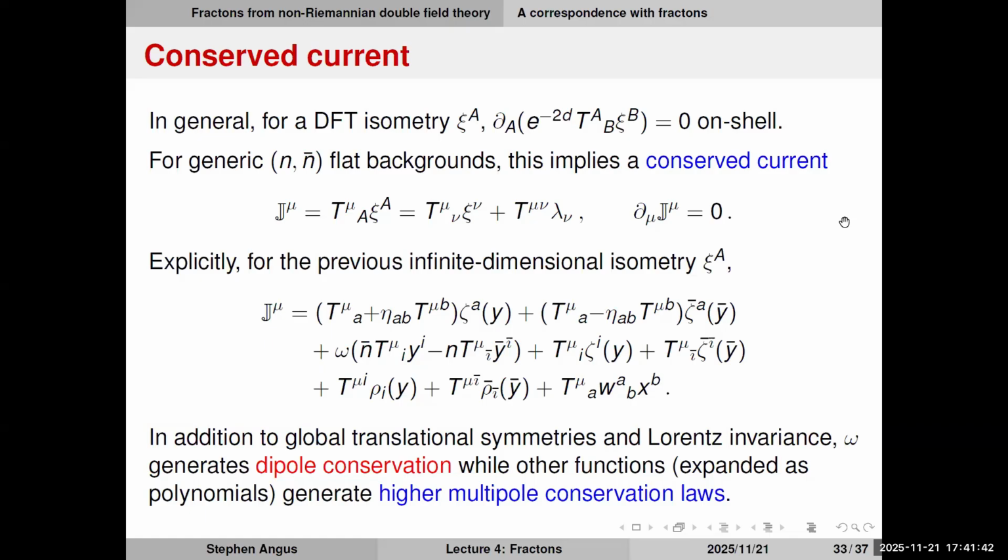So this is basically just this. And then explicitly in this non-Riemannian case, for this previous infinite dimensional isometry, we get this current having all these terms with these infinite dimensional functions.